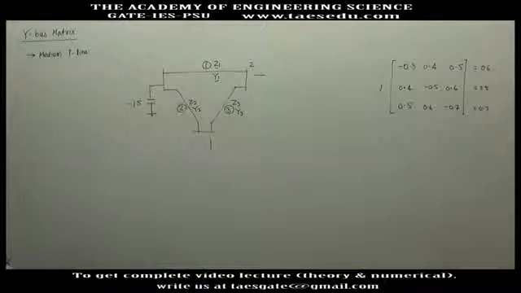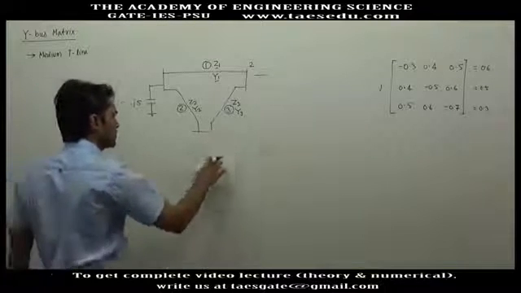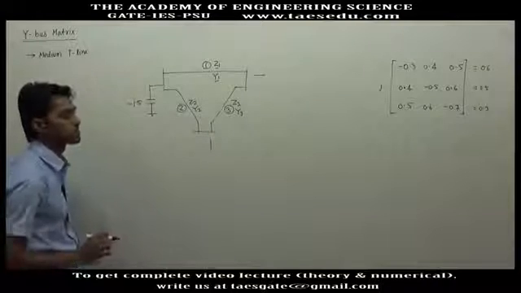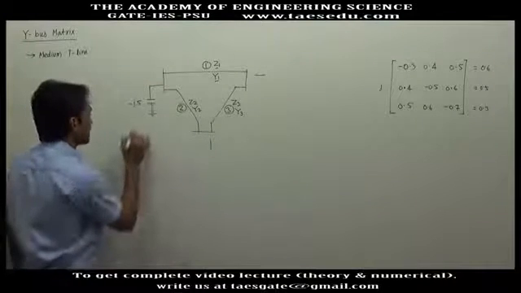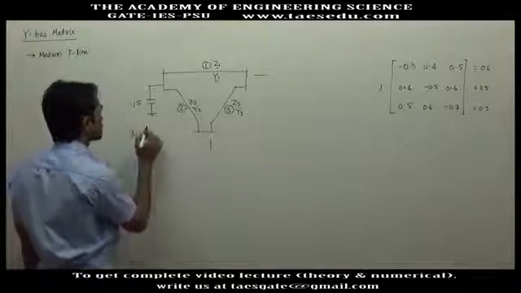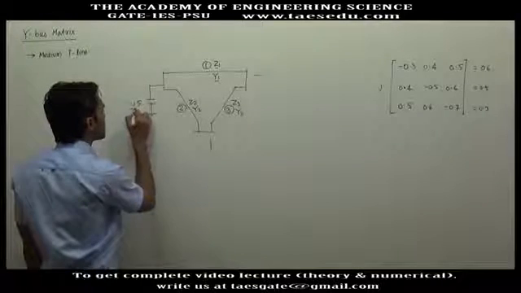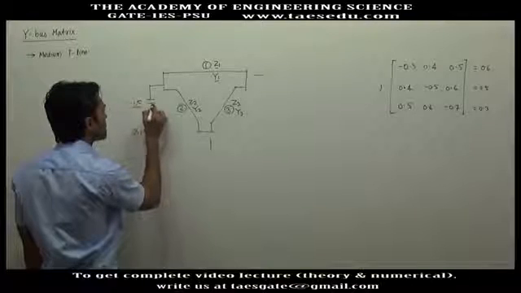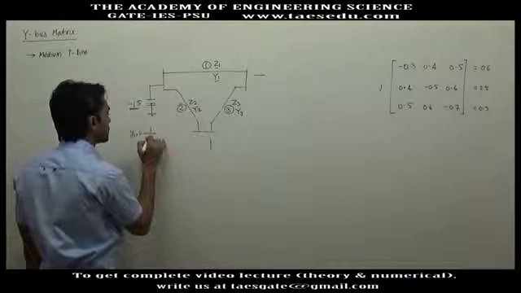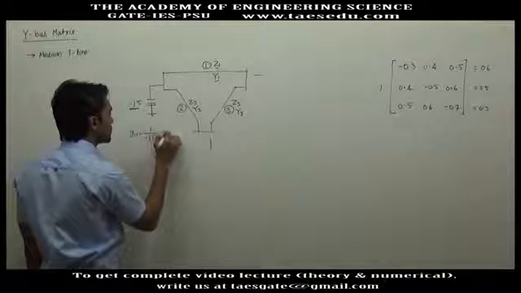Bus 1 has a shunt element which is given, and bus 2 and bus 3 have no shunt element. It means these shunt elements are 0. We are given Y11 is equal to, since this is minus for a capacitor, it will show an impedance, so you will have to take the inverse of it. This will be j0.2.